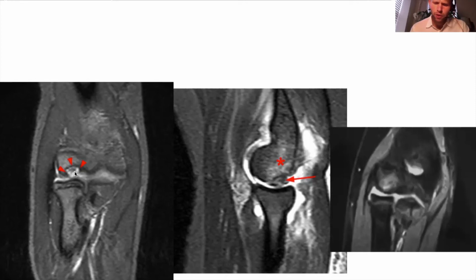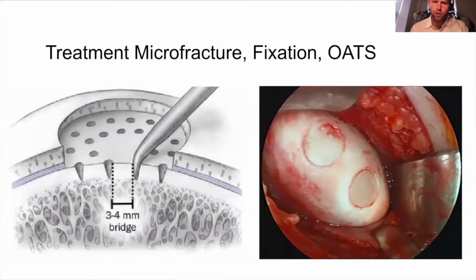Other potential options, though, are to do what's called a drilling procedure or a microfracture procedure, and we'll take a look at that in a moment. The other one being the OATS procedure, which is where you actually use autologous cartilage in order to stimulate or create a new base for articulation. This may feel a little complicated, but we'll talk about it actually with images right here.